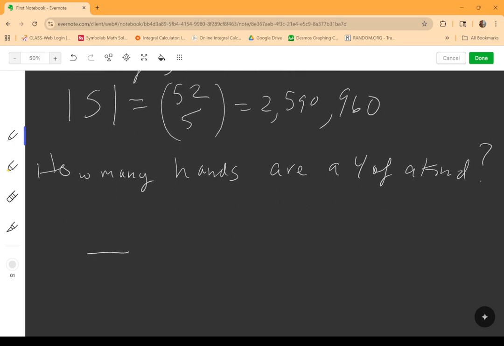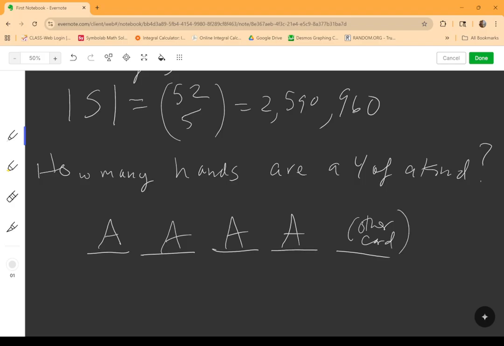All right, so what I mean by that, so we have 5 cards, and what I mean by 4 of a kind here, let's say we had ace, ace, ace, ace, and then some other card. Okay, and again, unordered. I just wrote them down in this fashion as an example here.